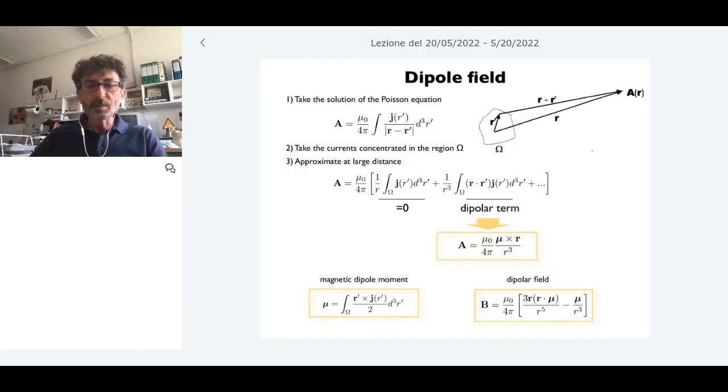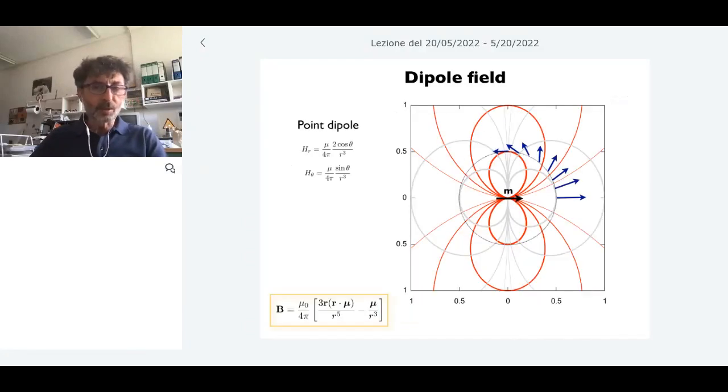To understand a little bit more, we can make a drawing. For example, we can draw the magnetic induction field generated by a magnetic dipole moment. In the picture there, you find exactly this drawing. At the origin of this plot, we have a magnetic moment pointing to the right.